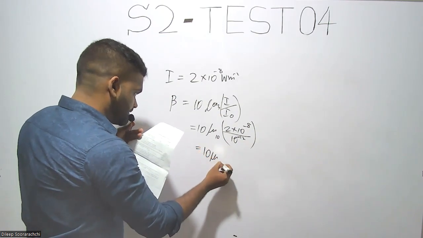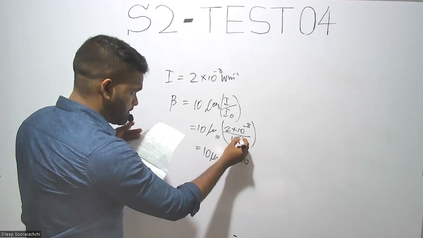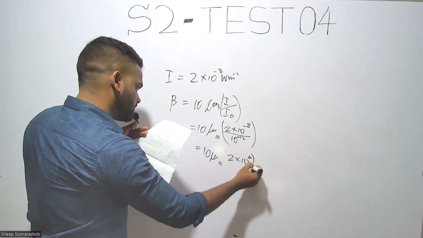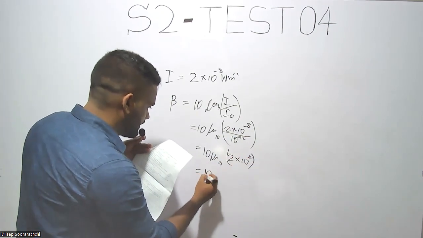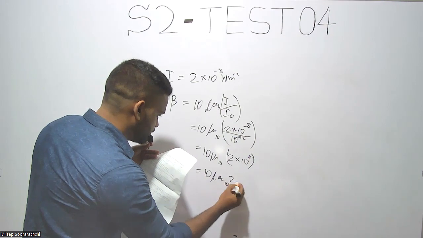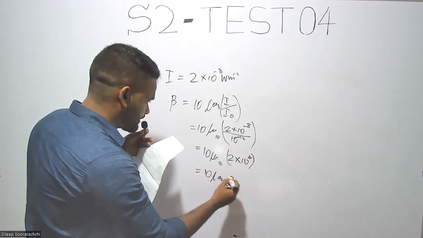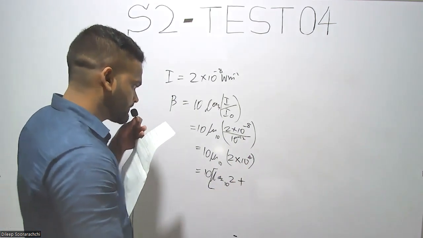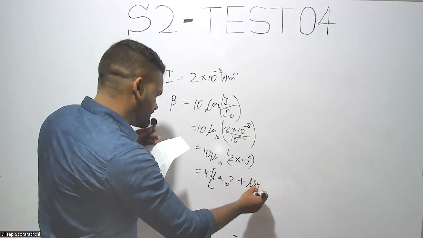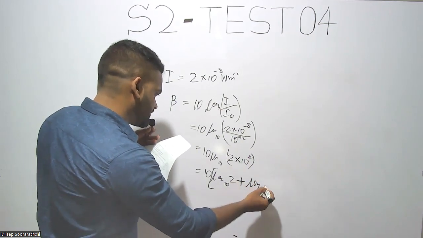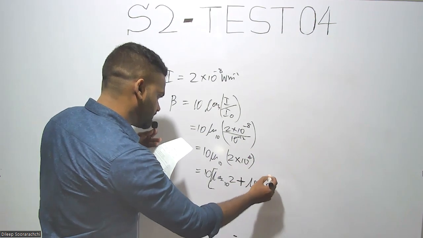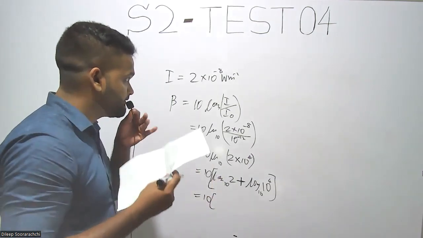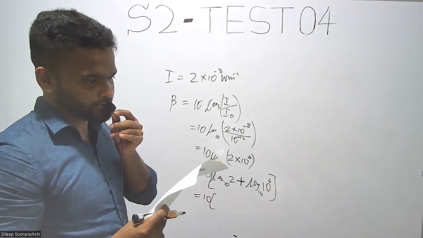10 log 10 of 2 times 10 to the power minus 8 plus 12. So this is 12 minus 8 means 4. 10 log 10 2. So if it is a multiplication, you know that you can write that multiplication as an addition in logarithms. Then log 10 2 plus log 10 of 10 to the power 4. 10 times log 10 2, that is given, the value is given as 0.3.